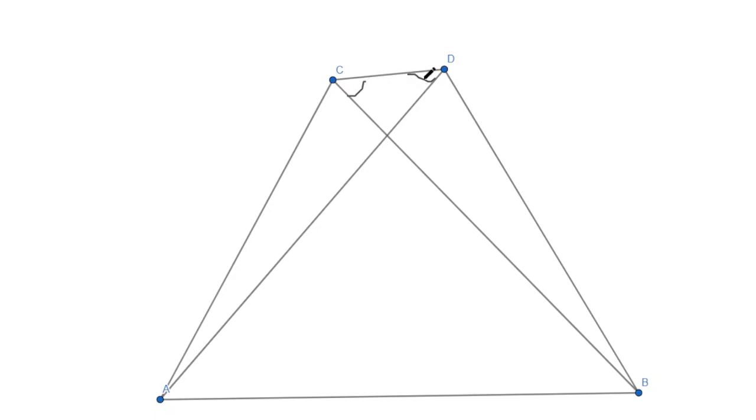So in other words, if this angle is already bigger than this angle, then this whole thing must be bigger still. Let me erase those just to make it super clear. The final argument here is that this whole angle is much bigger than this angle right here. That's the argument there.